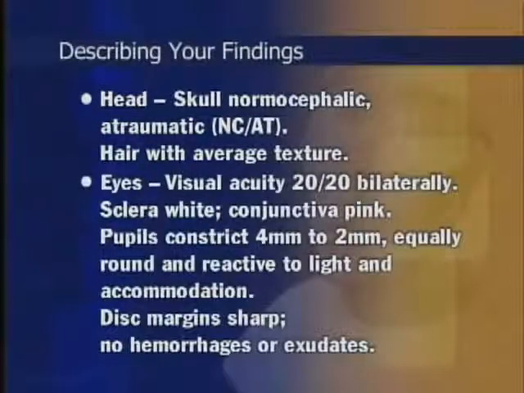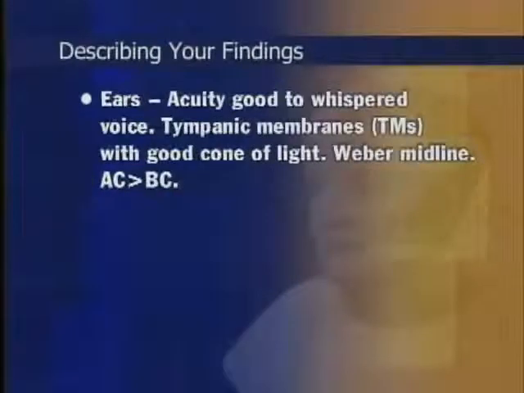Eyes, visual acuity 20/20 bilaterally, sclera white, conjunctiva pink, pupils constrict 4 mm to 2 mm, equally round and reactive to light and accommodation, disc margin sharp, no hemorrhages or exudates. Ears, acuity good to whispered voice, tympanic membranes with good cone of light, Weber midline, AC greater than BC.